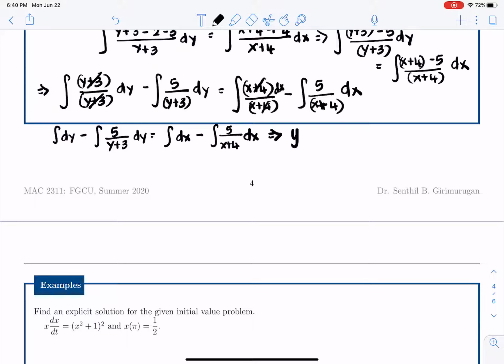Let's just say u is y plus 3, which would mean du is dy. So the second integral would simply be 5 times du over u. On the right hand side, the integral of dx is just x. And we can use the substitution v equals x plus 4, which would imply dv is dx.